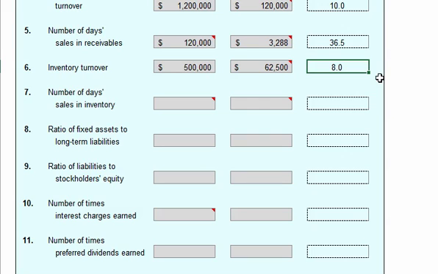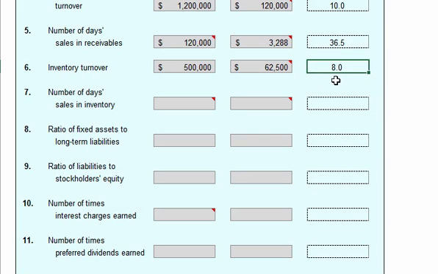It's 40 something, I think. 365 days in the year divided by turning over inventory 8 times. That means we're selling our current inventory and getting new inventory in about every 45 days. Not too bad.